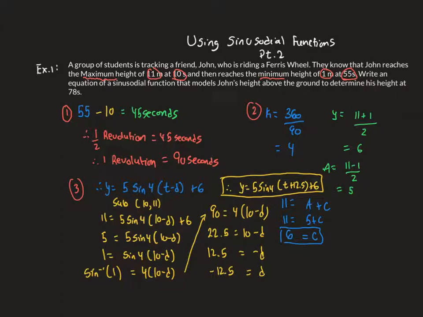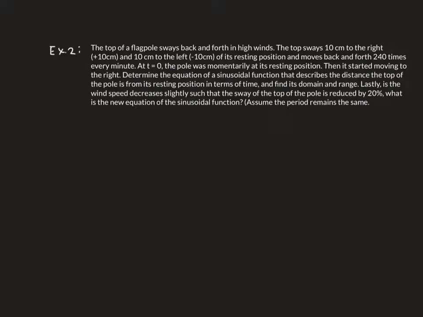Okay, so let's take a look at how another example would look. Alright, so let's look at this very big and wordy question. Sorry for the wordiness. The top of a flagpole sways back and forth in high winds, kind of like Fabio's hair. Yes, bad example. The top sways 10 centimeters to the right, plus 10 centimeters, and 10 centimeters to the left, minus 10 centimeters, of its resting position, and moves back and forth 240 times every minute.